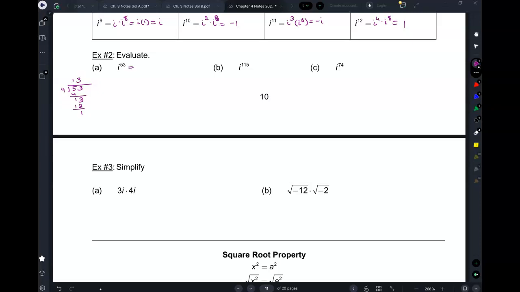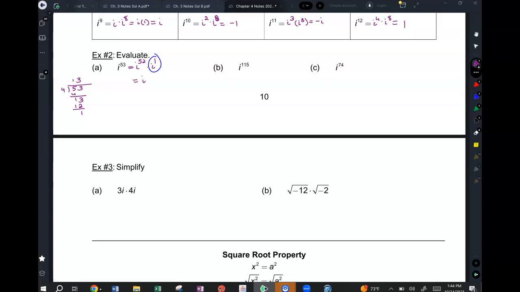So the remainder is 1, correct? So this is the same as i to the 52 times i to the 1. You make the second one the remainder, and this is the rest. i to the 52 you ignore, because that's just the resetting part. So you just take this part.